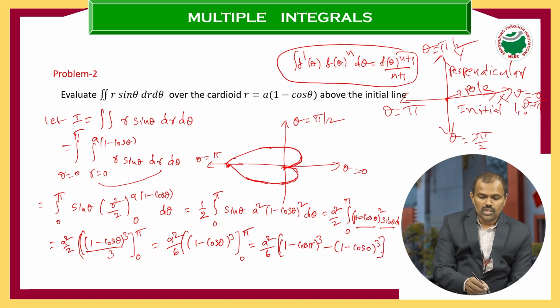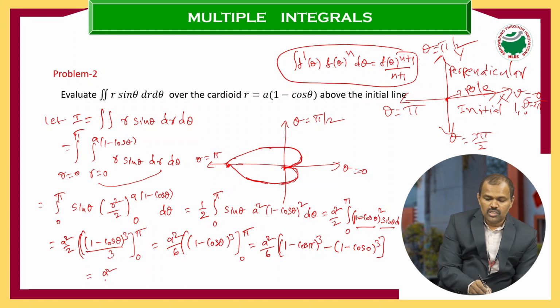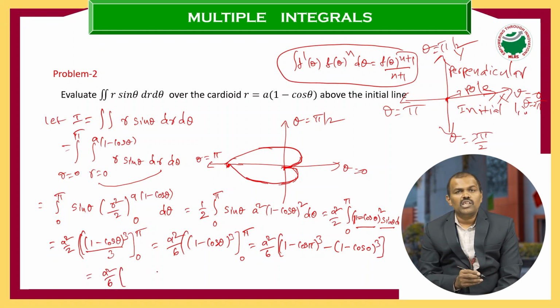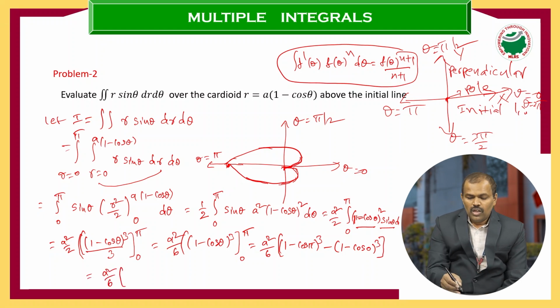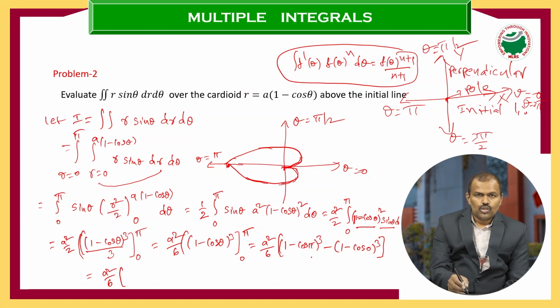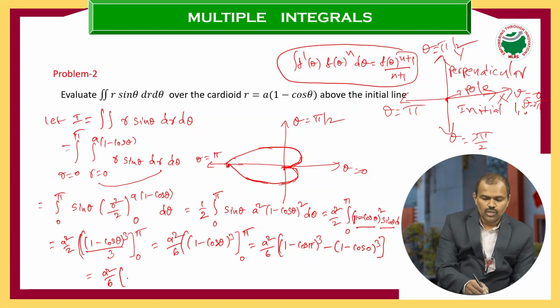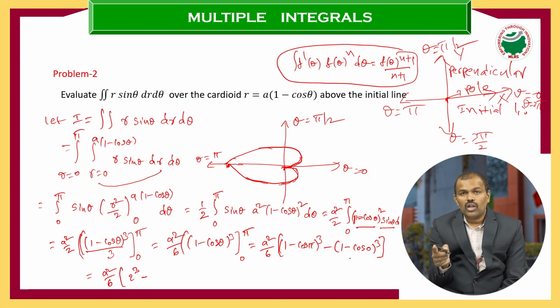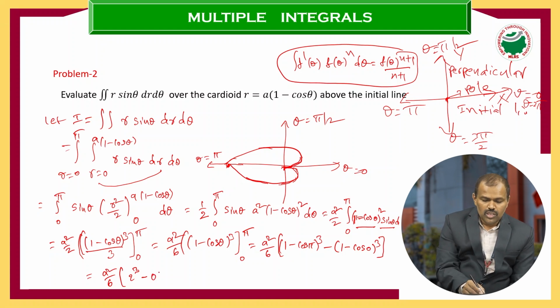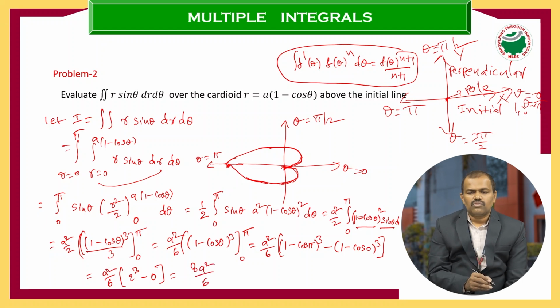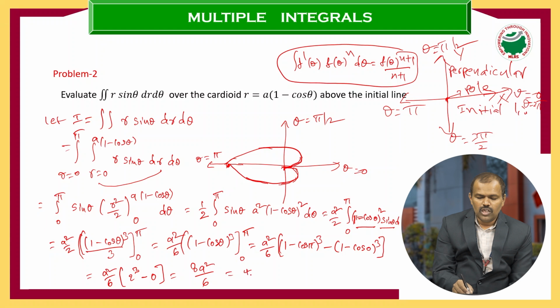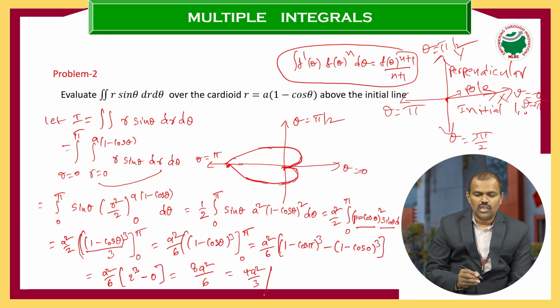We know cos 180 degrees and cos 0 degrees. Cos 180 is minus 1, so 1 minus of minus 1 is 2, 2 cube, minus, cos 0 is 1, 1 minus 1 is 0. So that is 2 cube. 2 cube means 8. 8 a square by 6 means 4a square by 3. This is the answer.